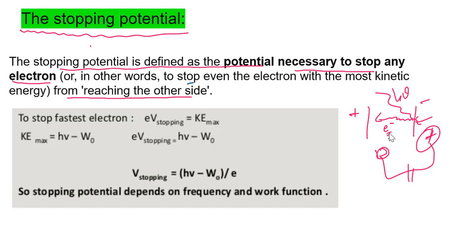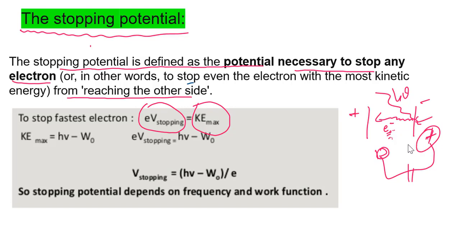Even to stop this electron, I applied a voltage. So here the kinetic energy is equal to eV, the charge on the electron into the voltage, how much voltage I applied.